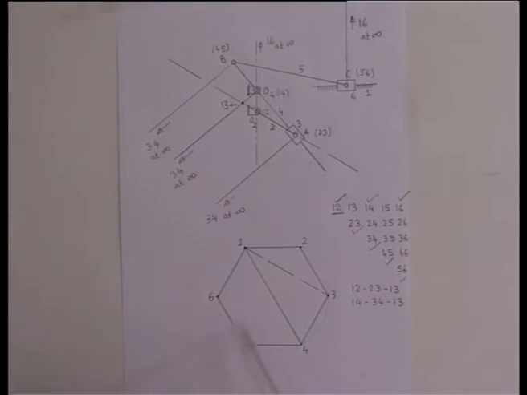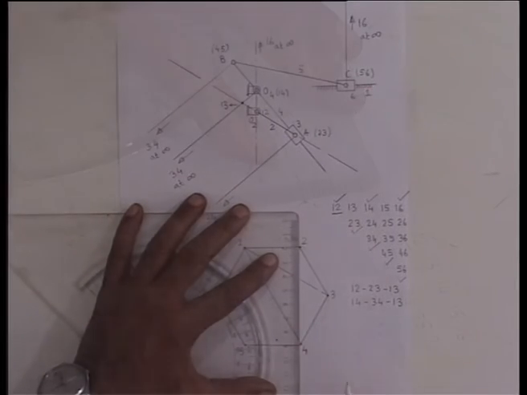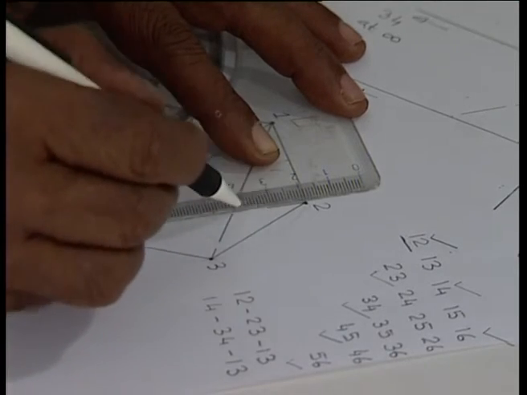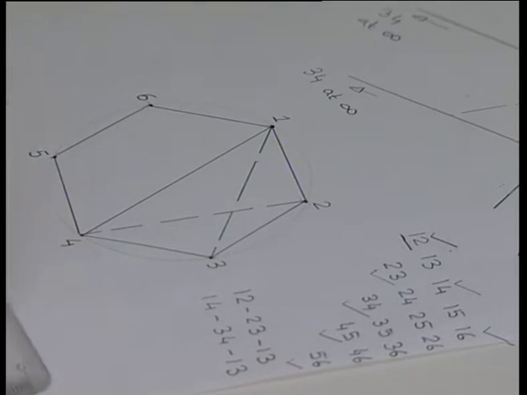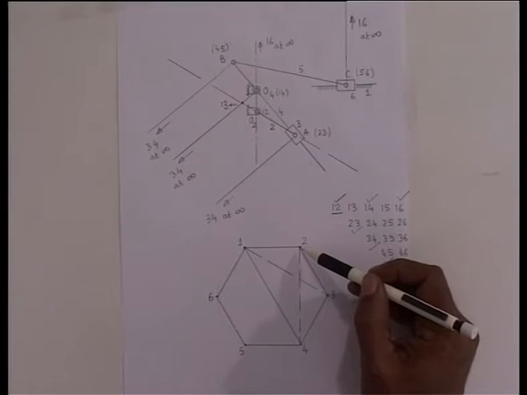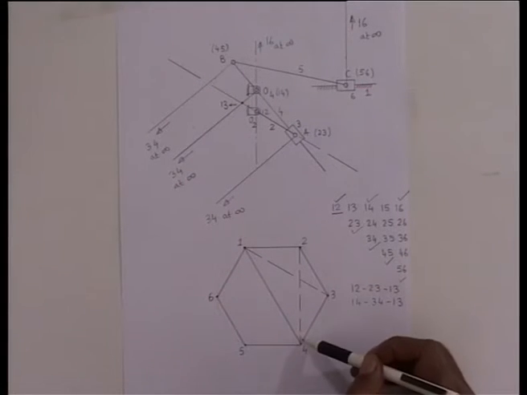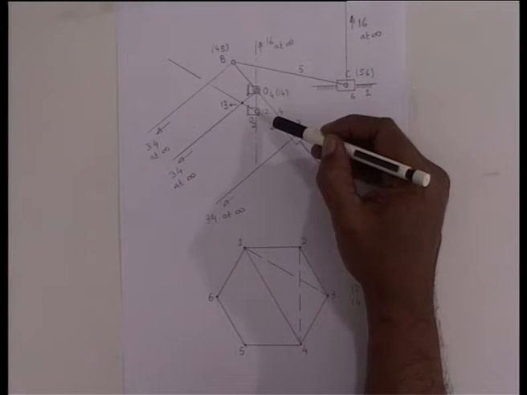Same way I can determine 2 4. 2 4 I can consider as lying on a line joining 2 3 and 3 4, and also on the line joining 1 2 and 1 4. This is 1 2, this is 1 4.